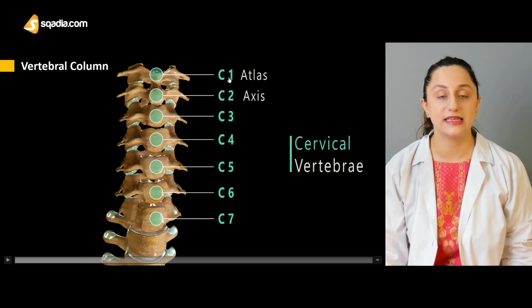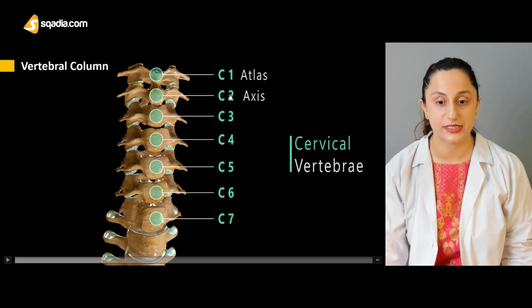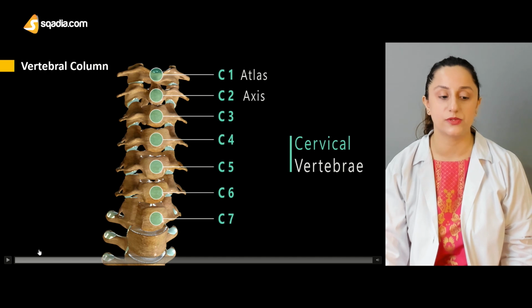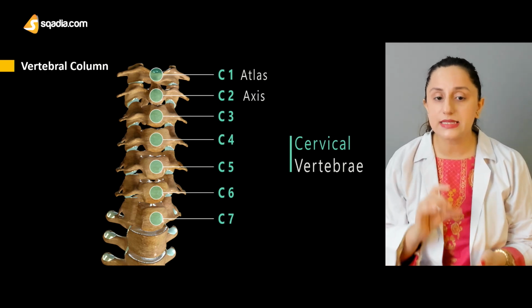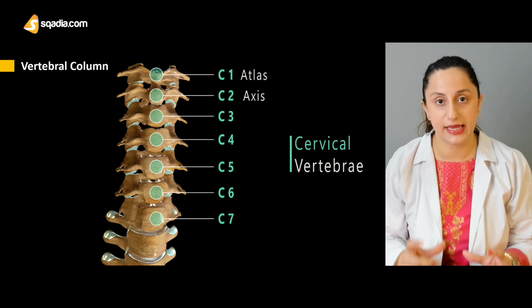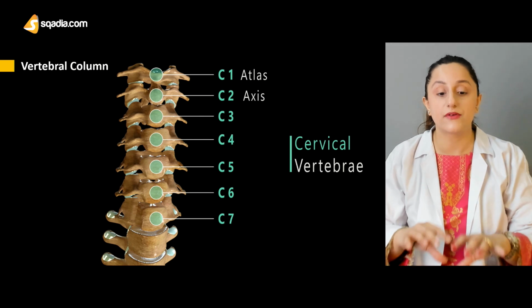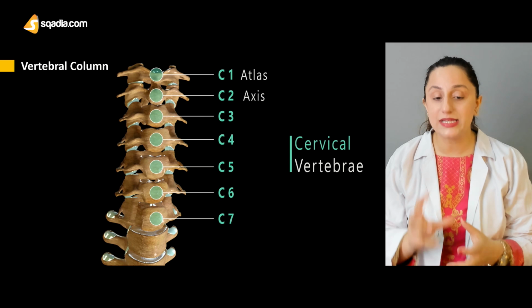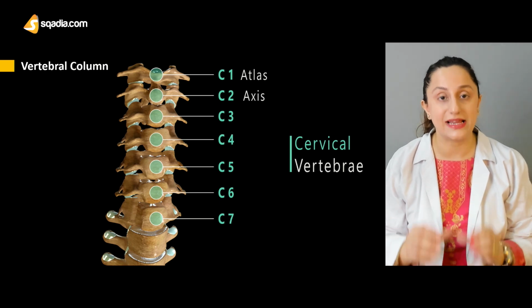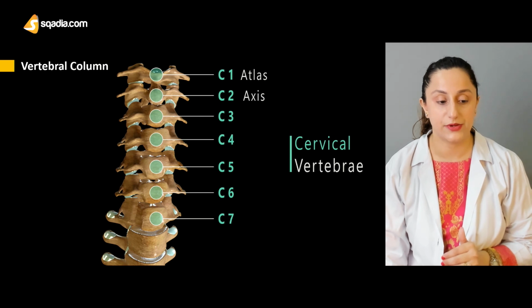The atlas is the first cervical vertebra and the axis is the second cervical vertebra, and then we have the other cervical vertebrae which are not named specifically, but have a specific bony architecture. When we compare the cervical vertebrae with the thoracic vertebrae, the vertebral bodies are rather more flattened out.